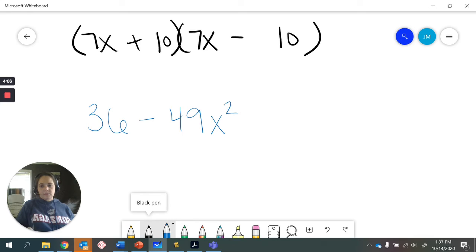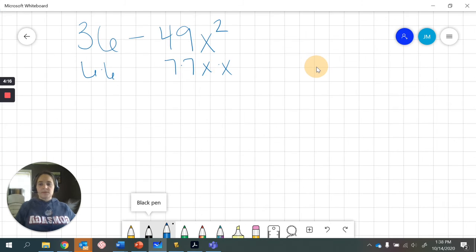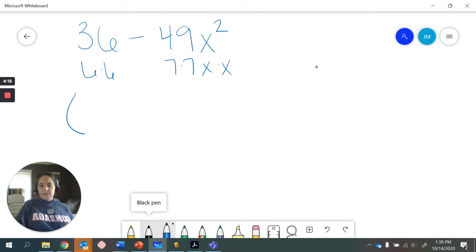So they're going to switch the order, but just because the x's are on the right hand side, it doesn't have to change your process. Say what times what equals these, and then put them in the order that you see them in, into the parentheses. So here are my parentheses. In the first term, it's a perfect square, and we are subtracting, and so 6 times 6 is 36. I'm going to put a 6 and a 6. In my second term, 7 times 7, and the x times x, and then plus minus.